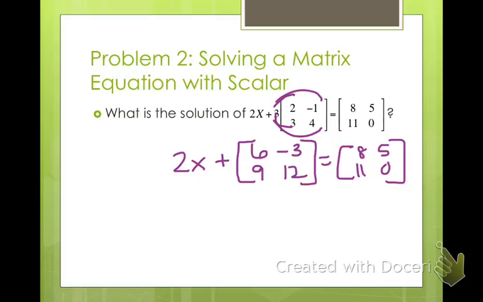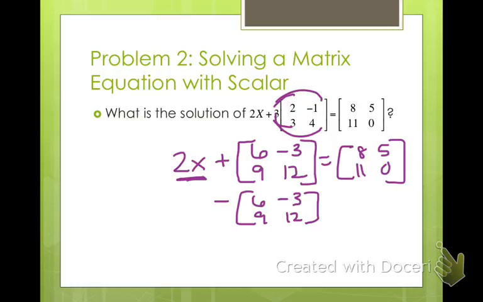Now, if we were to solve using algebra, what's our goal? To get x by itself. So first we need to get rid of this matrix. How do we get rid of a matrix? Well, how do we get rid of just a number like 2? We would subtract 2 from the other side. So we're going to subtract this matrix, 6, negative 3, 9, 12. This is like distributing a negative through.